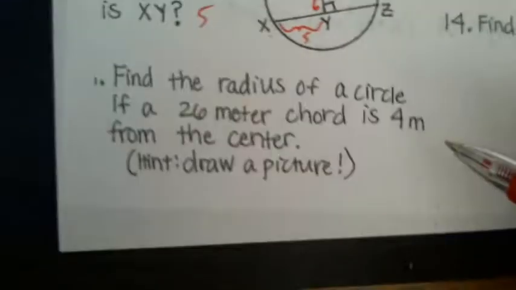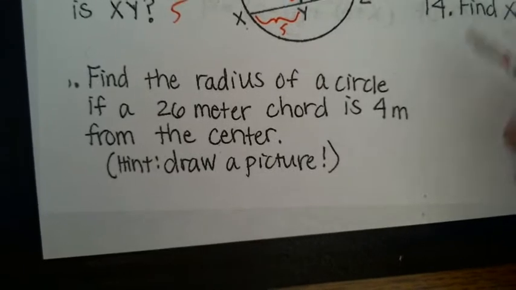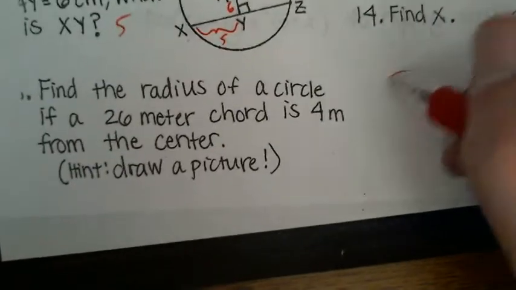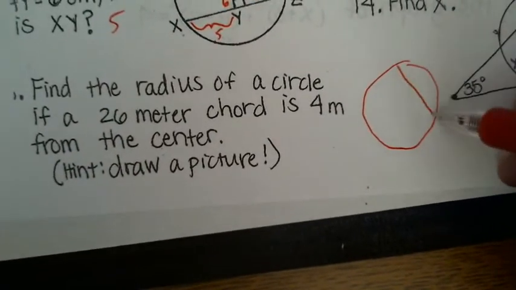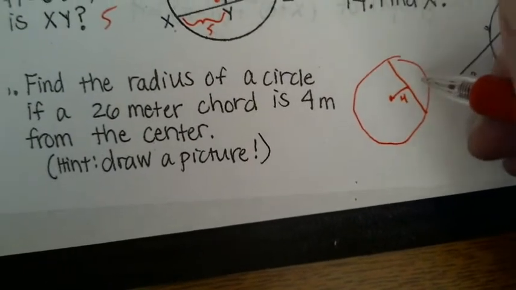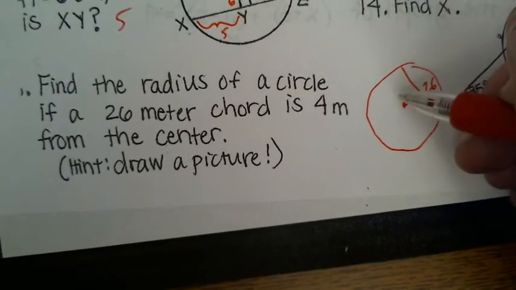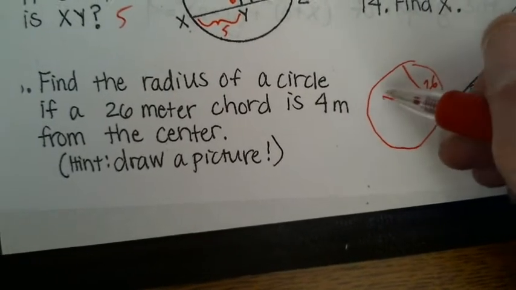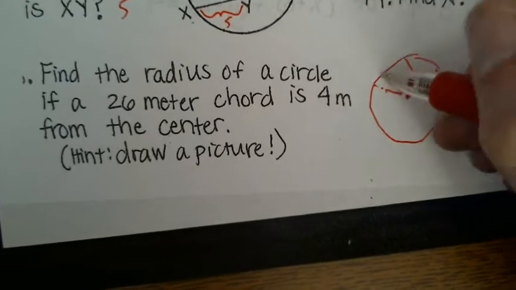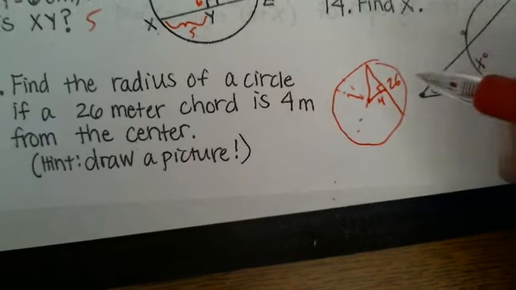Find the radius of a circle if a 26 meter chord is 4 meters from the center. Draw a picture. There's a circle, there's a chord, there's the center. This was 4 meters, and the chord was 26. We want to look for the radius, which we could draw anywhere, but we're going to draw it here so we make a right triangle.